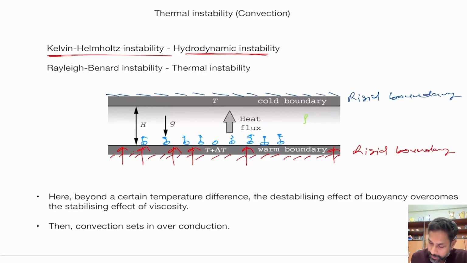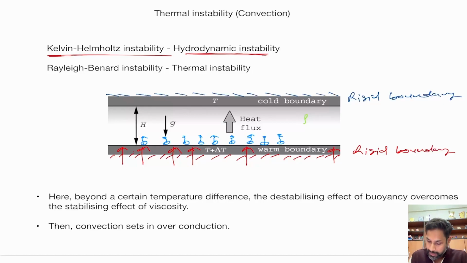And why? Because they have got a buoyancy force which has become greater than the viscous force in the fluid, right? So initially there is a high viscous force, and that does not let this buoyant fluid rise up, and that's why heat transfer only happens initially in the form of conduction, right? But as you increase the temperature or time increases, the buoyancy force in the fluid parcels starts increasing, and that becomes greater than the viscous force, and that is the moment when the convection begins.